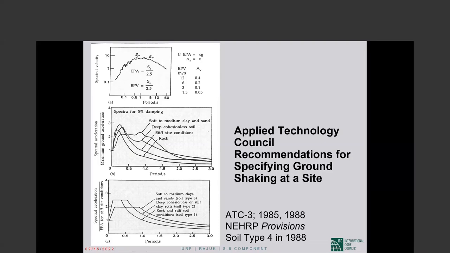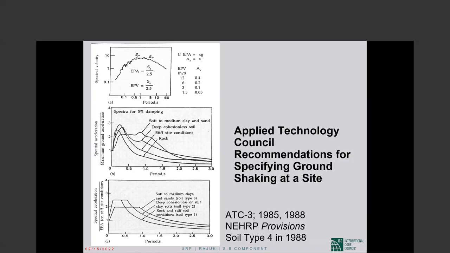So these spectra, with acceleration on the y-axis, because spectral acceleration, remember, is directly related to base shear, were adapted for building code use in the very important ATC3 document that I am sure I mentioned. ATC3, dated 1978, is pretty much the source of the modern seismic design we are doing today.